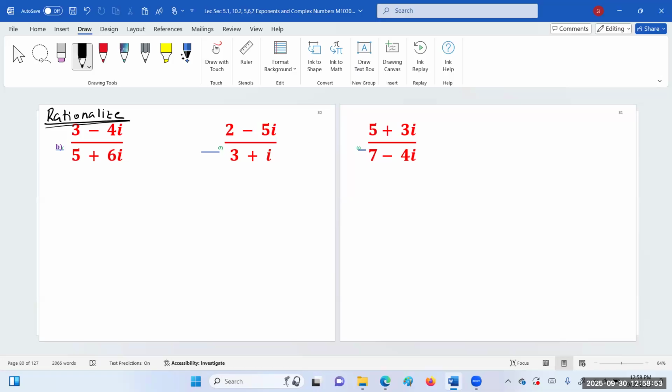First of all, minus 4. The conjugate is the same two things, but the sign is different. So you cannot multiply by the same sign.